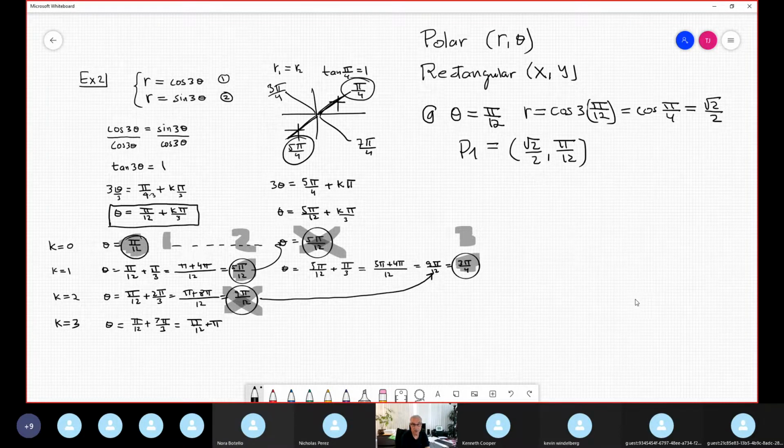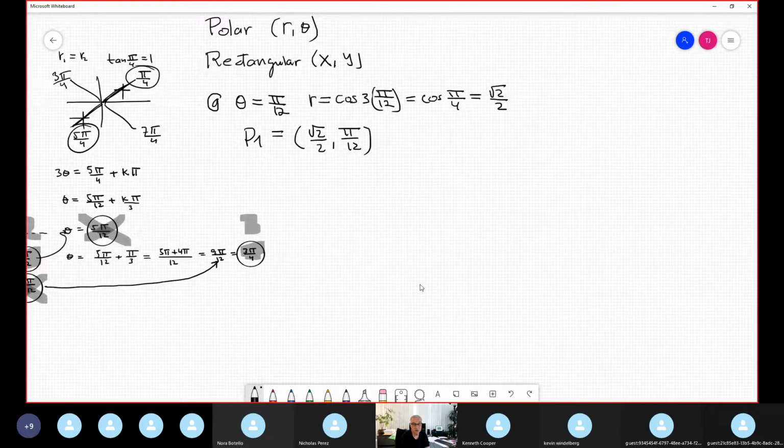However, if you want to express this in rectangular, using the equations for the conversion, x equals r cosine theta and y equals r sine theta. Let's do it quickly. P1 expressed as x comma y. Remember, this is r and this is theta.